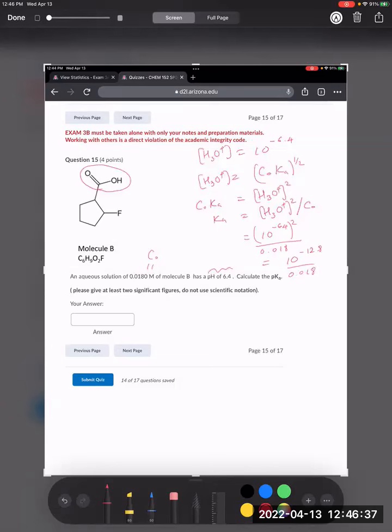Let's do that calculation. 10 to the power of minus 12.8 divided by 0.018 is 8 point 11.8 times 10 to the power of minus 12. So that's our Ka value.